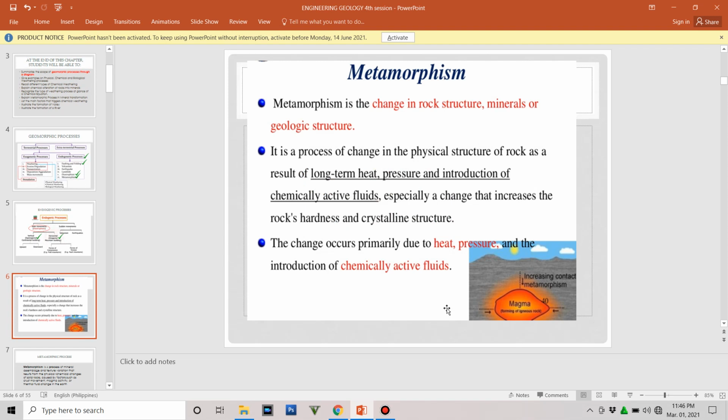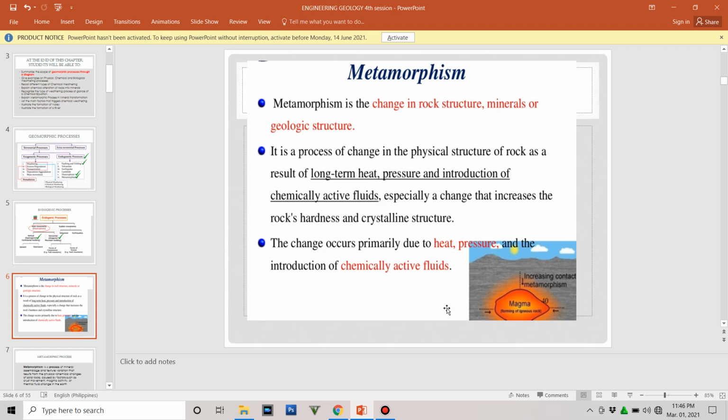And as we go down also, there is the presence of hot material like the magma, wherein it will have a significant effect on your material underneath, that will eventually be present later on the surface itself.